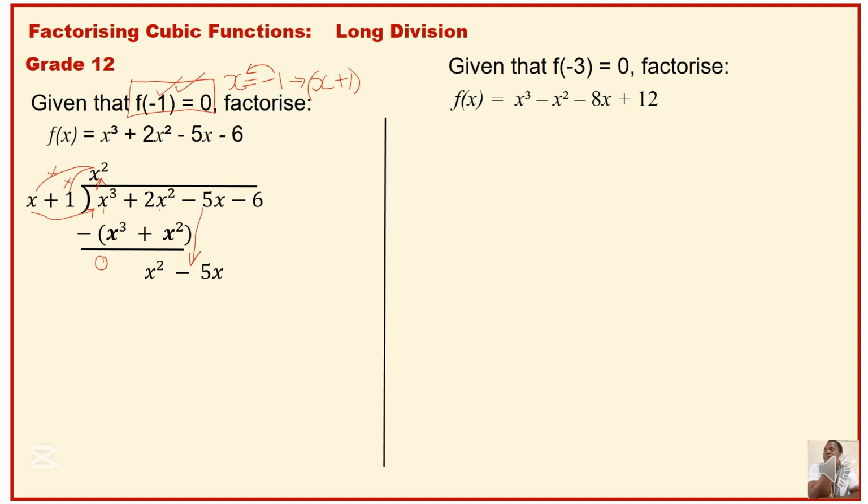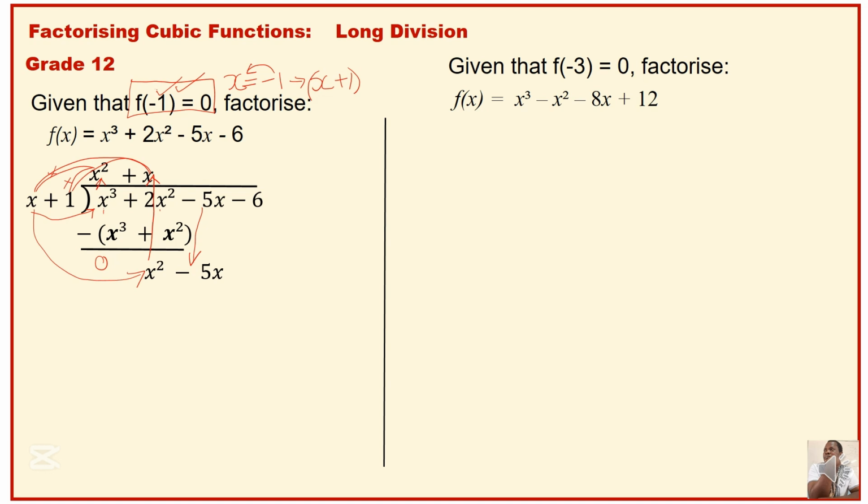Now x dividing into x squared, the answer that you get, you write it up there. So x dividing into x squared is equal to a positive x. Then the answer that you get multiplies those two numbers, and you write the answer under these two terms.